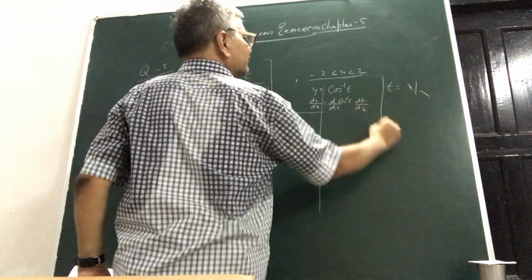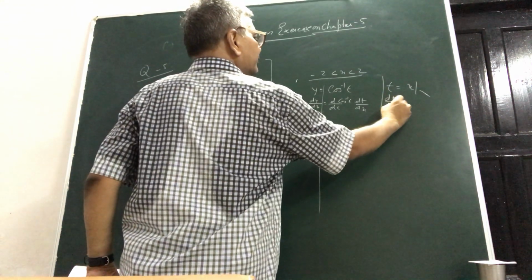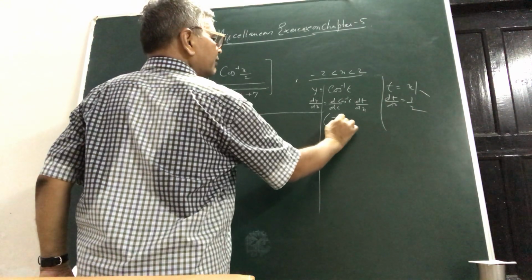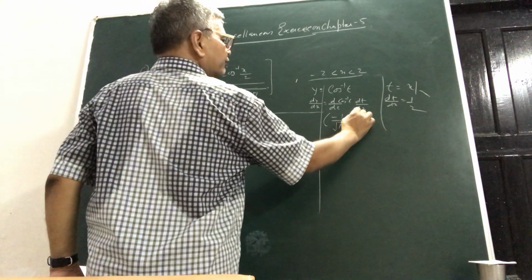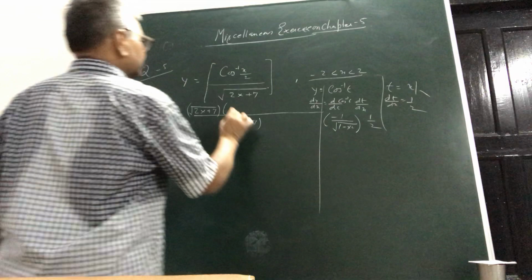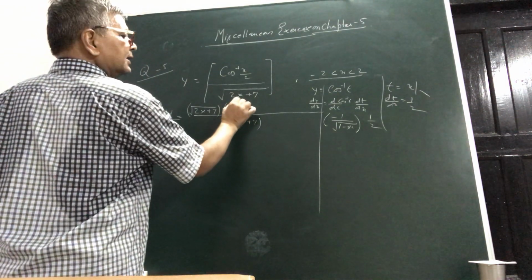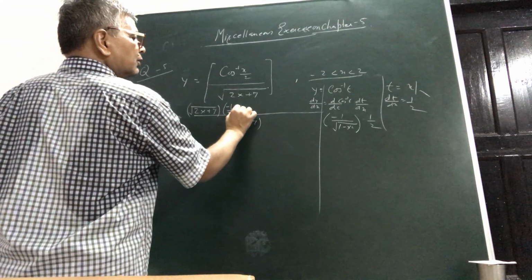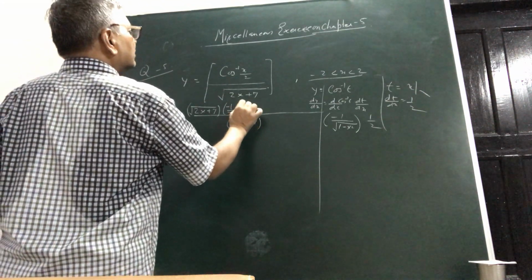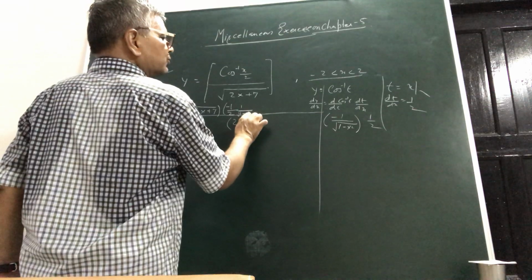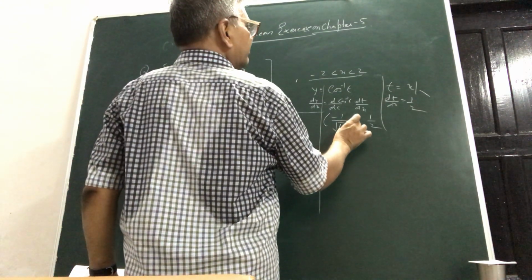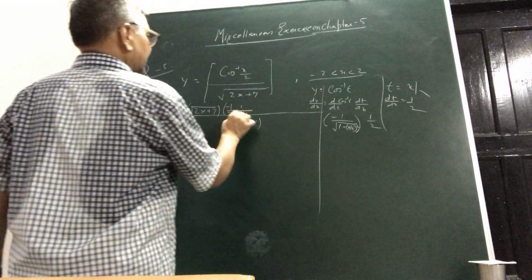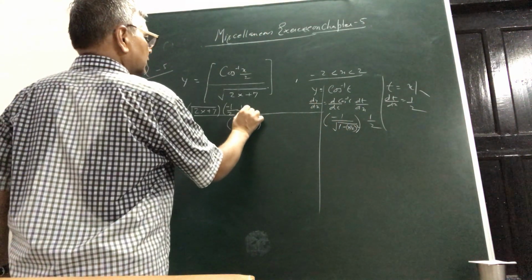And dt by dx from here is nothing but 1 by 2. So for the benefit of those who have not done this till now, it is 1 by 2 and minus sign, and then 1 upon under root 1 minus x by 2 whole square. Sorry, it is x by 2, please mind it, x by 2 whole square.